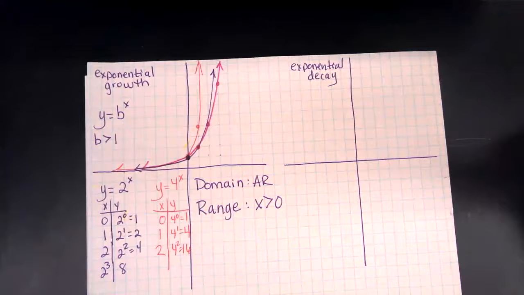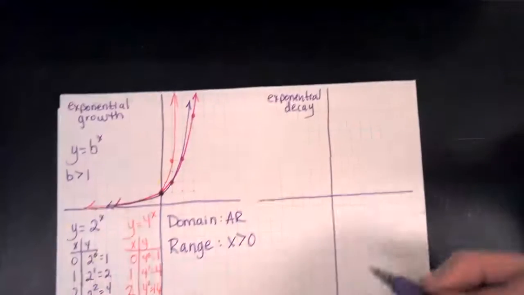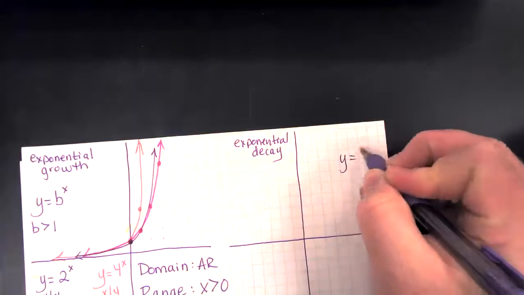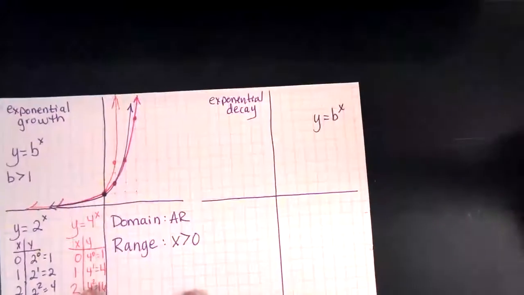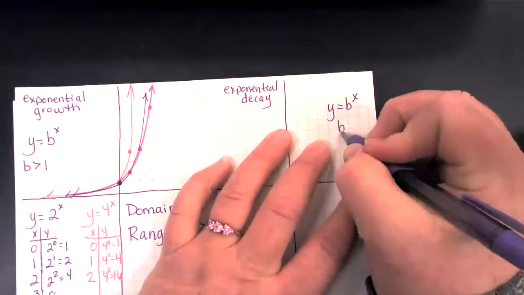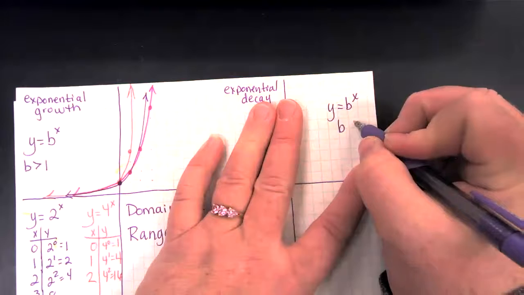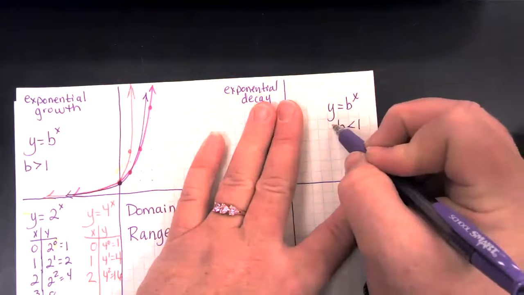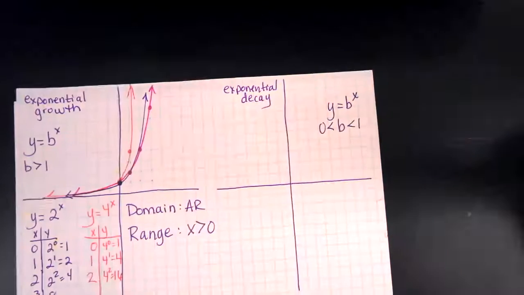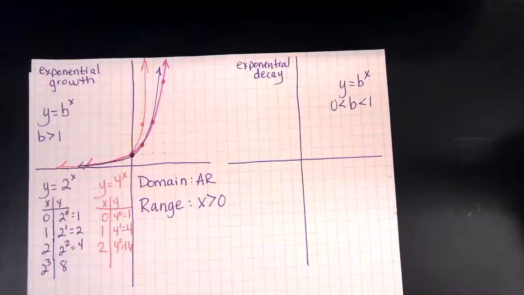Okay, the other way, decay, is just the opposite. Same equation, except b is less than 1 but greater than 0, which means b is going to be a fraction between 1 and 0.